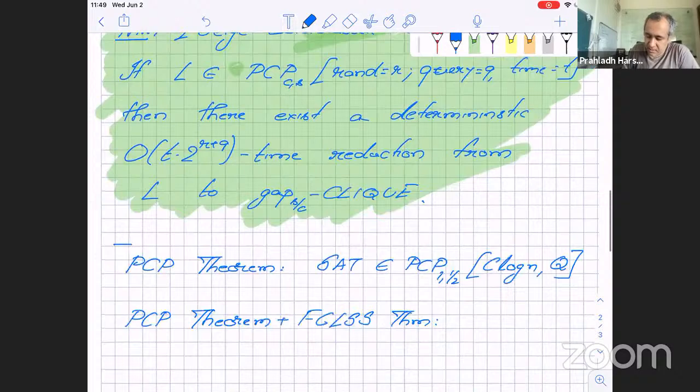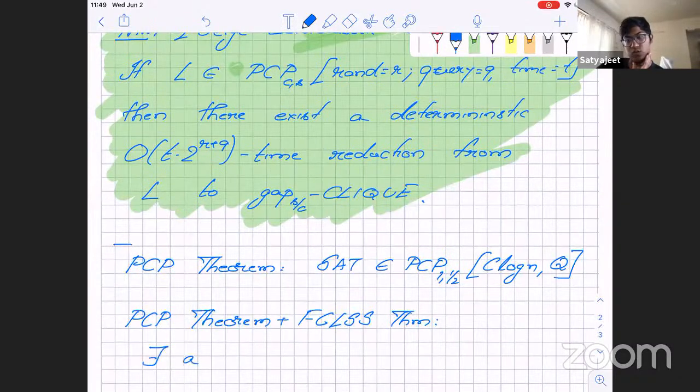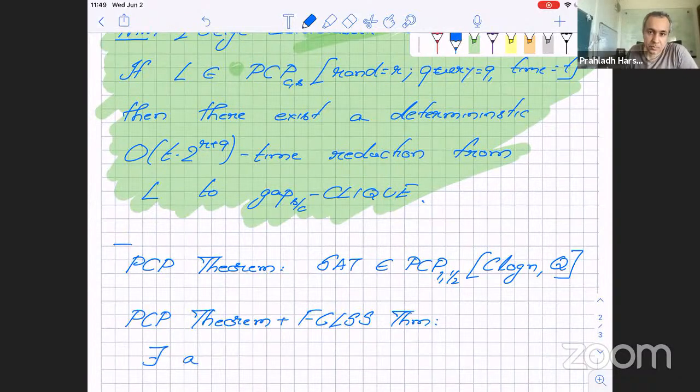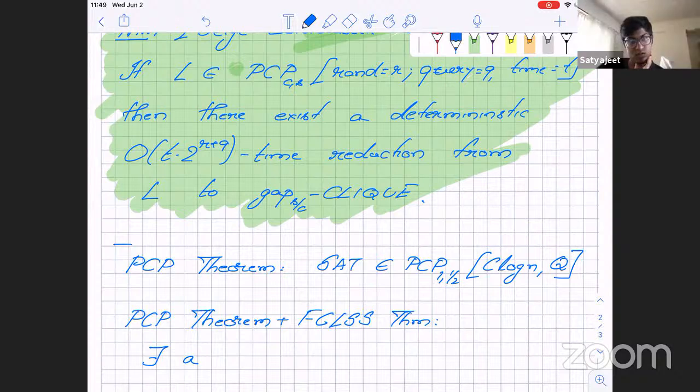There exists a deterministic reduction running in time, how much? What was T in SAT? T in SAT is polynomial. If I don't mention it, it's polynomial. So it's like 2 to the log of some poly n.